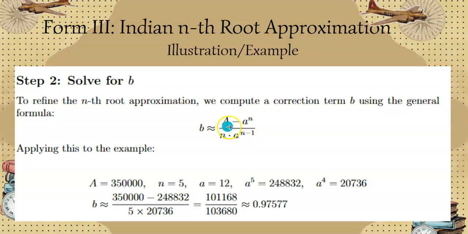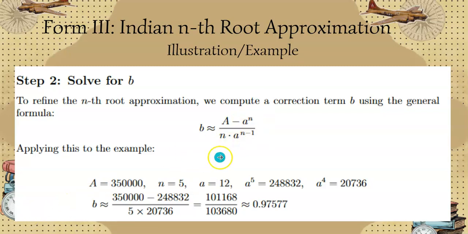Here we can view f of x is equal to x raised to the n, or a to the n. And then the first derivative of a to the n is n times a raised to the lower degree n minus 1, right? So we have the function of a here, and we have the first derivative of the function of a.